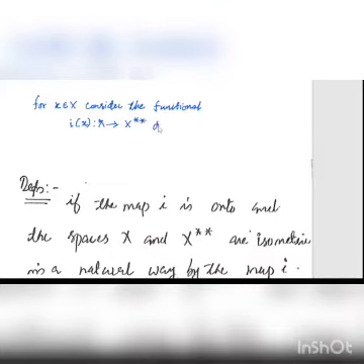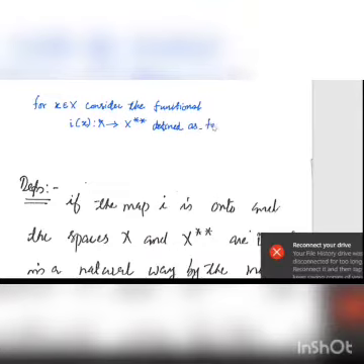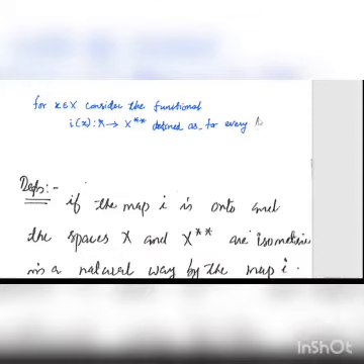It is defined as, for every f belongs to X star, Ix of f is equal to f of x. This we have seen in the last class remark.